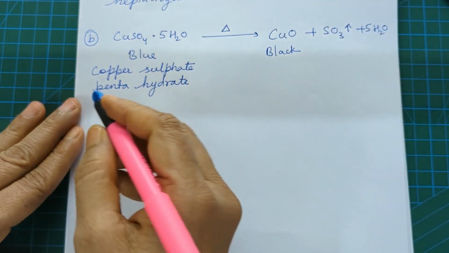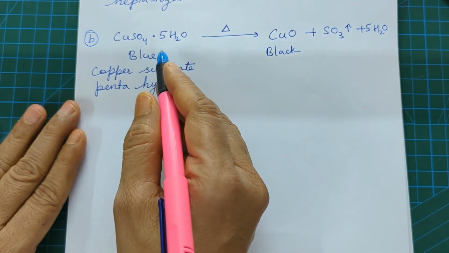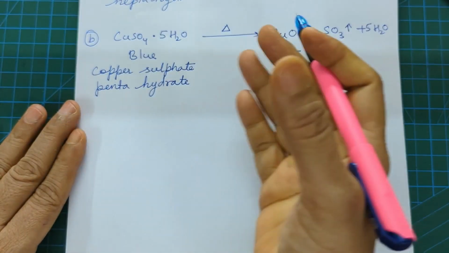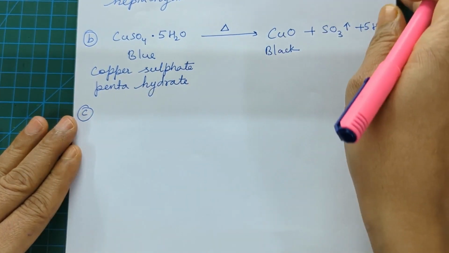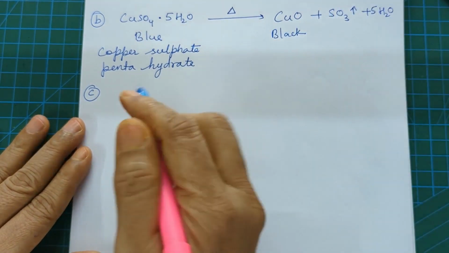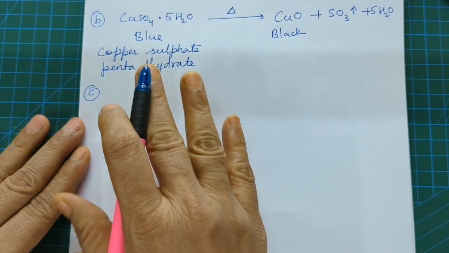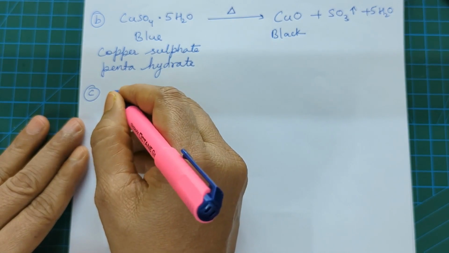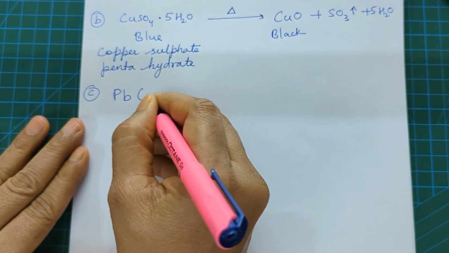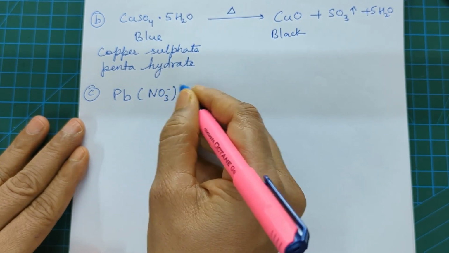Remember, all decomposition reactions are endothermic in nature, meaning the single compound absorbs heat energy and breaks down into simpler substances. Then the next one is decomposition of lead nitrate. You have to write these equations a good number of times and understand what the compound is and what things are formed. Lead nitrate is Pb(NO3)2. Nitrate is in a single oxidation state.